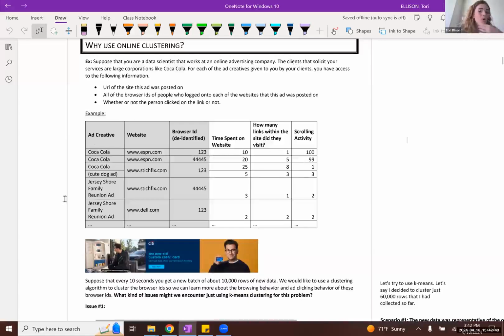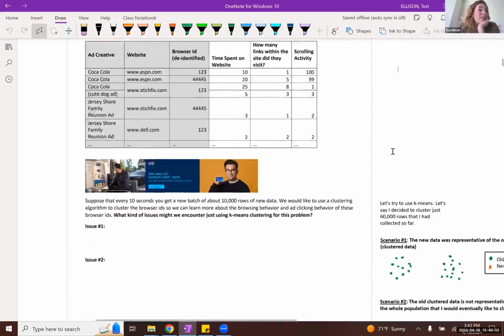Once you click on a website with a particular ad placed in a particular location, unless you select some sort of option, that online advertising company is collecting information about some aspects of your viewing activity. For instance, they might collect the amount of time you spent on the website, how many links on the website you visited, and some metric for scrolling activity.